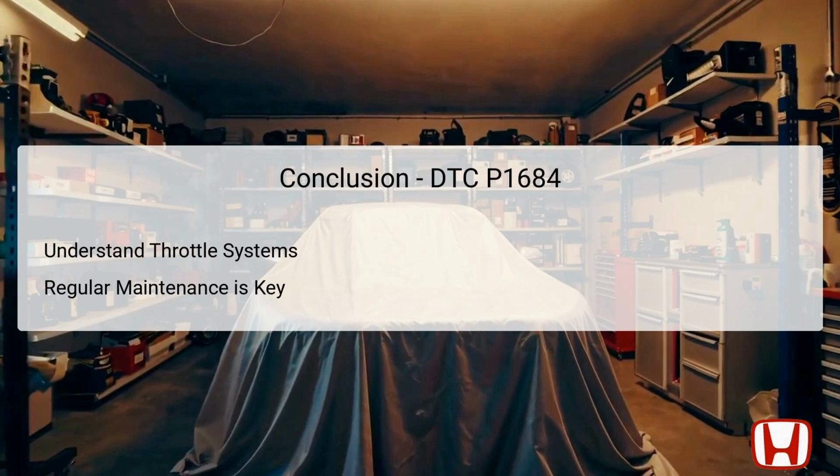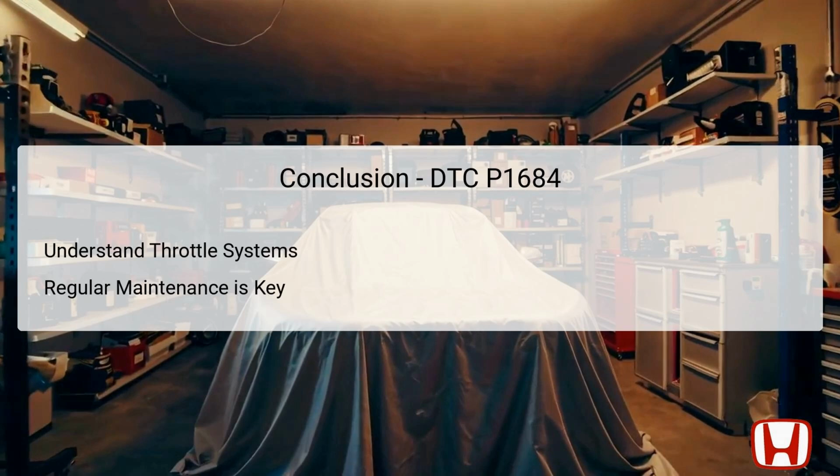is essential for Honda Accord owners. This code signifies potential malfunction in a critical engine component that can affect overall vehicle operation and safety. Regular maintenance practices, including cleaning the throttle body and periodic checks of associated systems, play a pivotal role in preventing issues from arising.